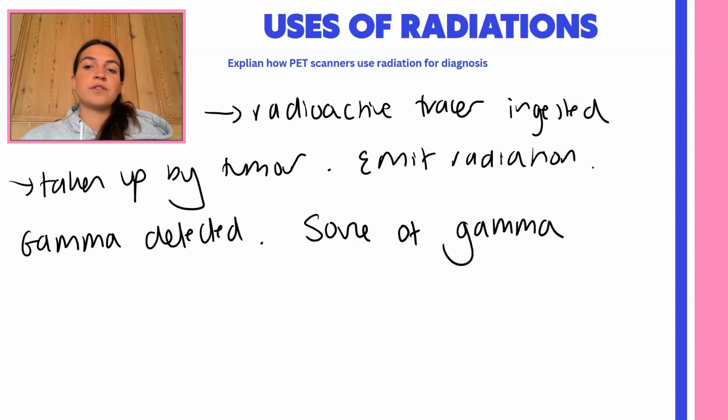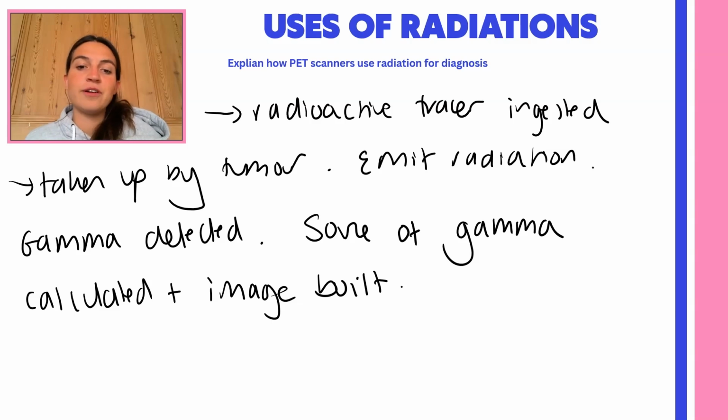And you use where the gamma radiation hits that detector to work backwards to determine where the source of that gamma radiation is coming from. You have loads of different gamma rays being emitted in multiple directions, so that helps the detector, which is connected to a computer, to build up an image of what the tumour looks like.